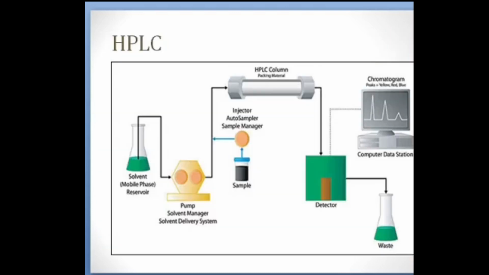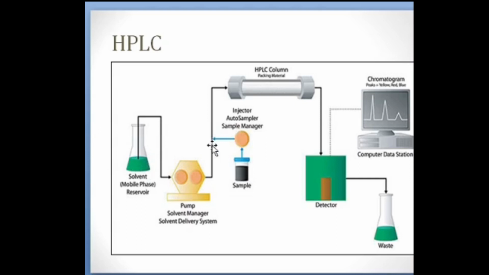Another important type of chromatography is high performance liquid chromatography, or high pressure liquid chromatography. This is a type of liquid chromatography, but the principle can be different based on the mechanism of separation. It can be adsorption, ion exchange.